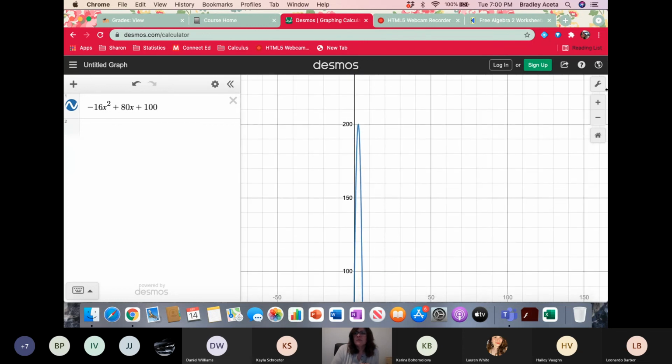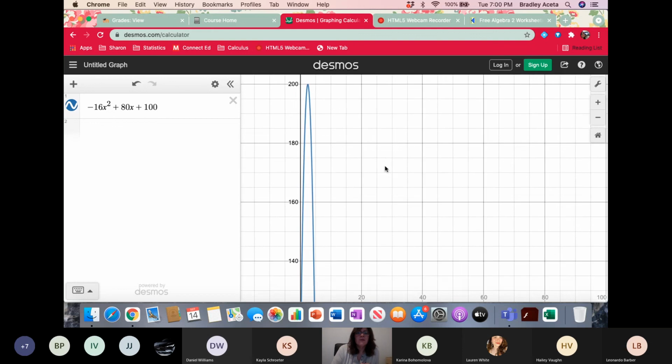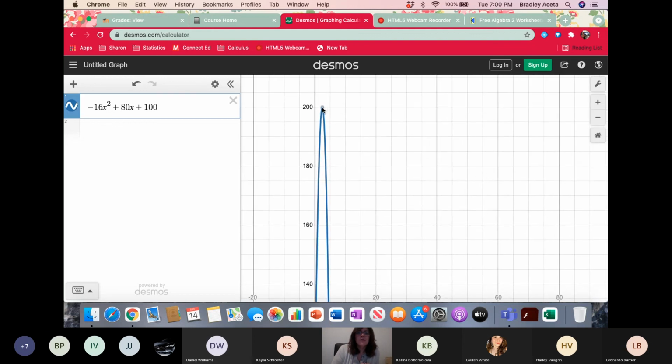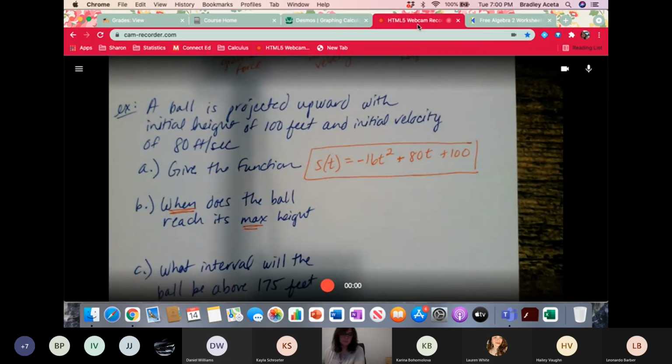let me zoom right back in here. If you click on that right there, hopefully you can see it. It says 2.5, 200. That's the max right there.